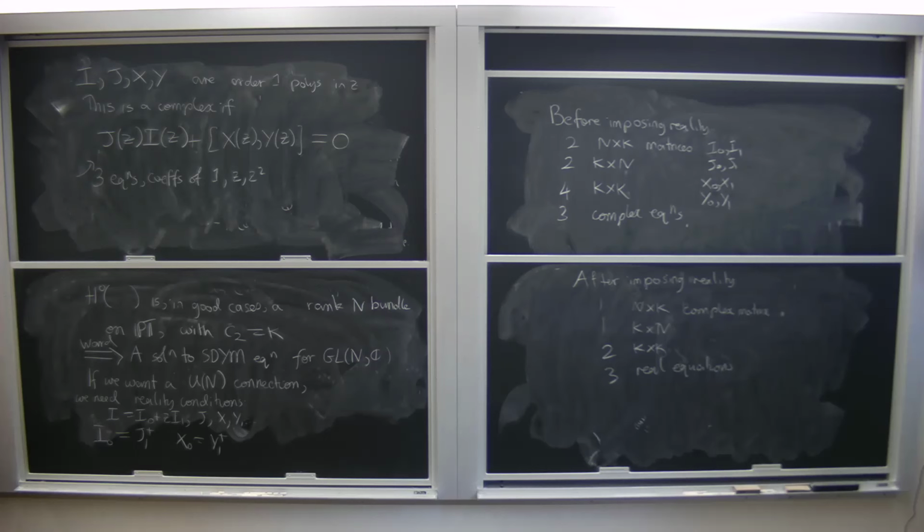Instead of the Twistor space, make like the bubble space of some other bundles. I think there's always going to be, let's do something simpler, right? Like, instead of taking O1 plus O1, let's take O2 plus O2 or something.